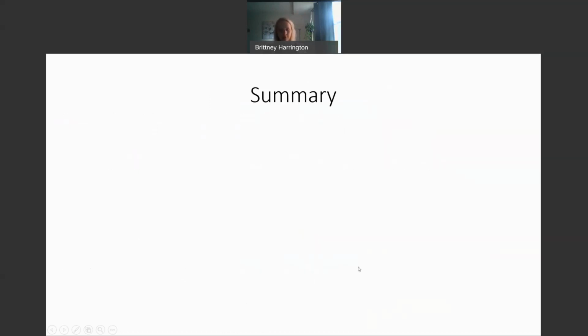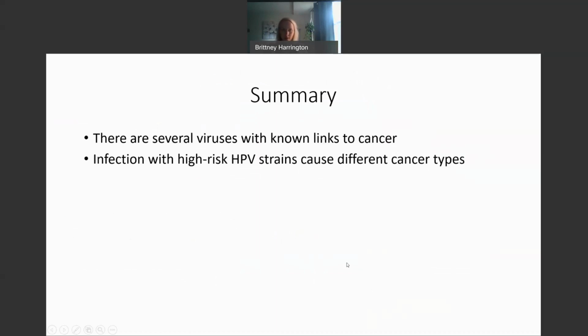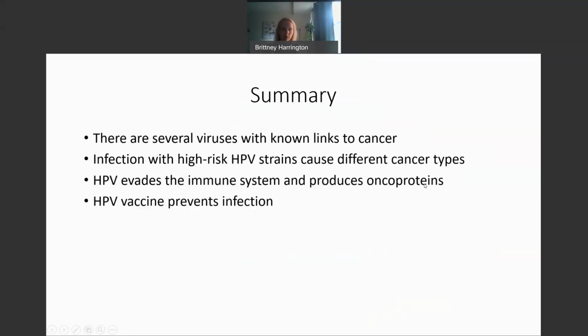So in summary, I've shown that there are several viruses with known links to cancer, but I really only focused on HPV, and that the high-risk HPV strains are able to infect different cell types, different tissues, and cause different epithelial cancers. HPV evades the immune system, so it's very efficient at hiding, and also produces oncoproteins to disrupt the cell cycle and enhance cell proliferation.